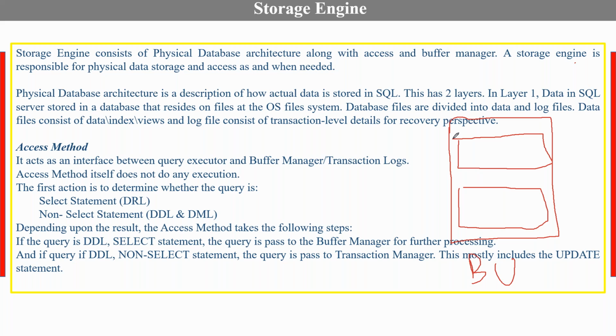Please hold. We have many things to discuss. When you are performing a select operation, or any create, insert, update or delete, your access method sends a request to the buffer manager. First it will verify, and here the data cache is the key component. For example, you are performing select star from the emp employee table.